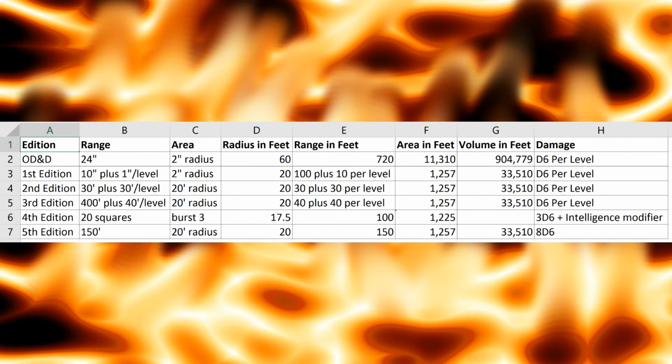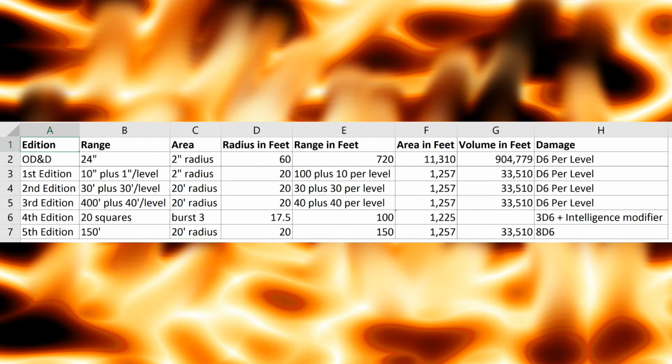The first, the second, the third, and the fifth all use an area of effect of approximately 20 feet when you do the conversion.